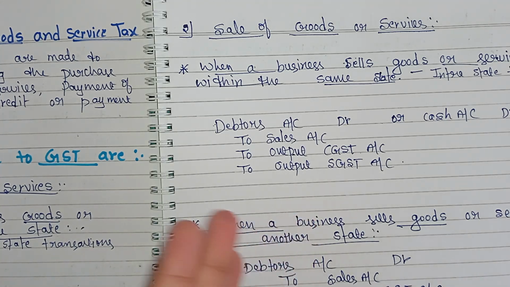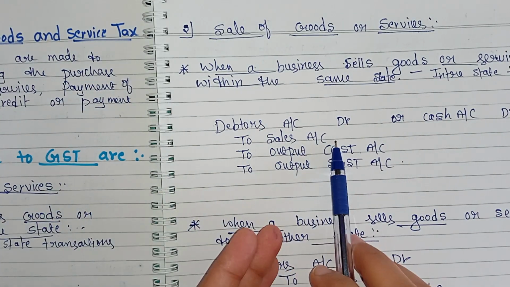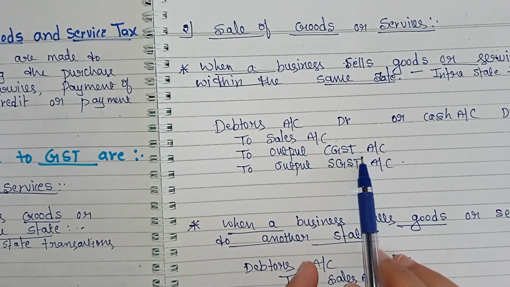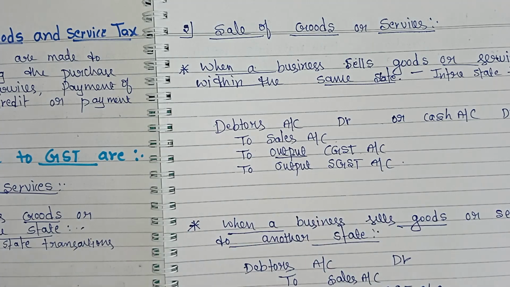But under GST the entry is debtors or cash account debit, to sales account, to output CGST and output SGST. In the sale of goods or services we need to write output, and for purchase we need to write input.